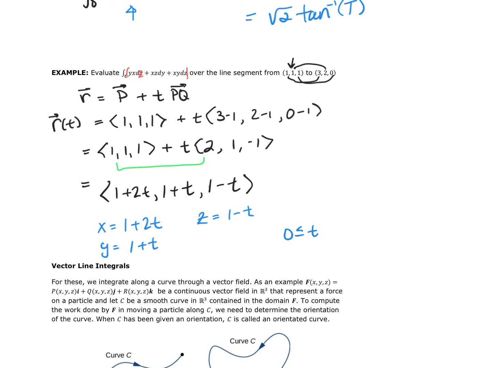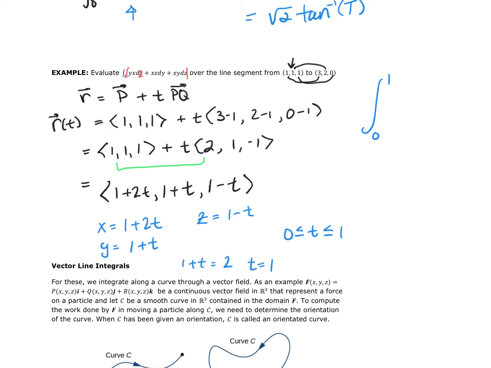I have to figure out how I got from 1 to 3, 1 to 2, and 1 to 0. If I focus on the easiest one, 1 plus t must equal 2, therefore t must equal 1. So I'm going to check that. If I put 1 in here and 1 in here, do I get 3 and 0? And the answer is yes. So I know my integration is going to go from 0 to 1.